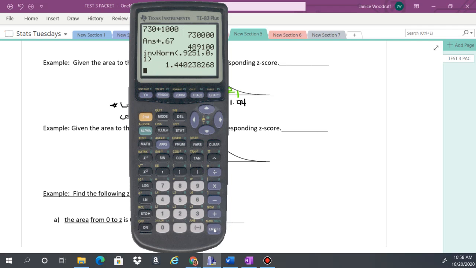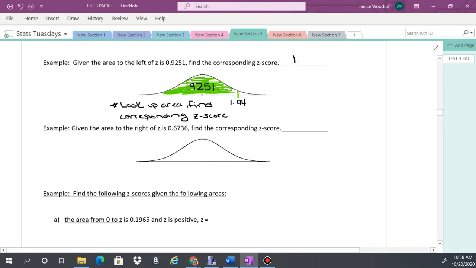Then hit enter. 1.44. You should get the same thing as you found on the table, which gives you the corresponding z-score. I'm just going to write this down here. Calculator, inverse norm, and then 0.9251, 0, 1.